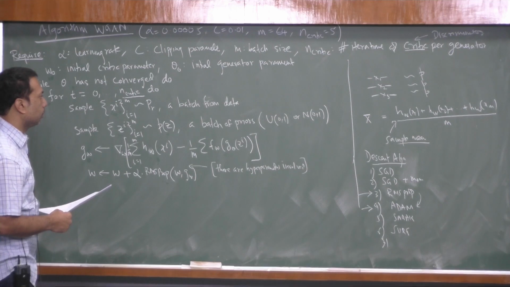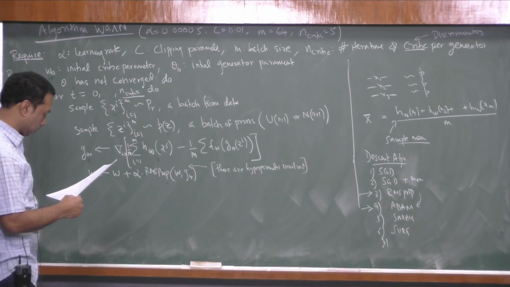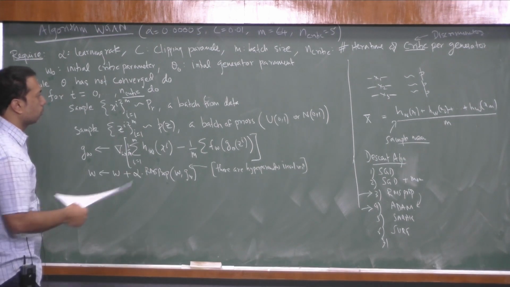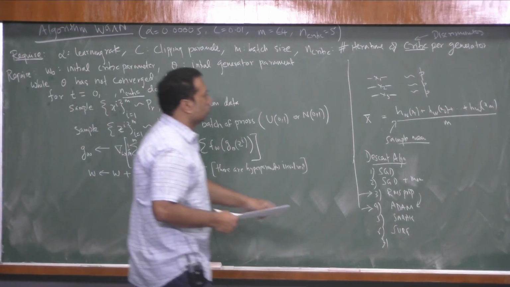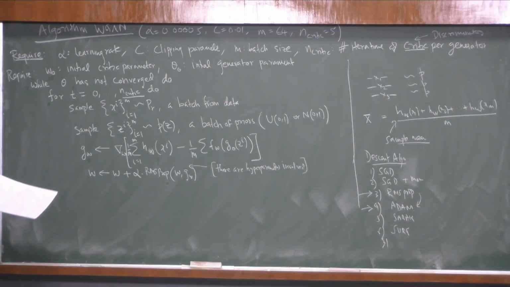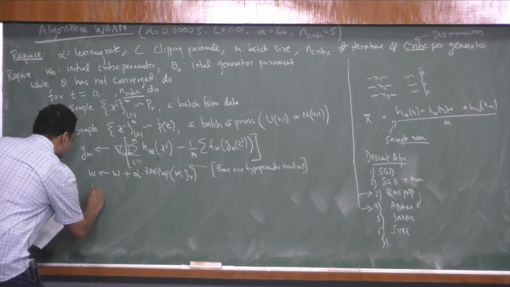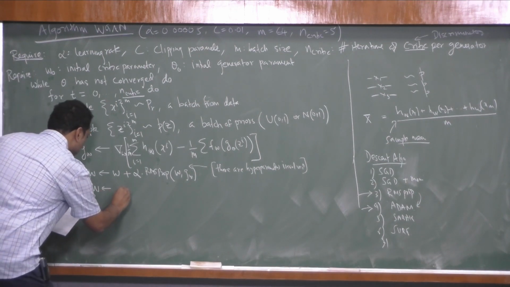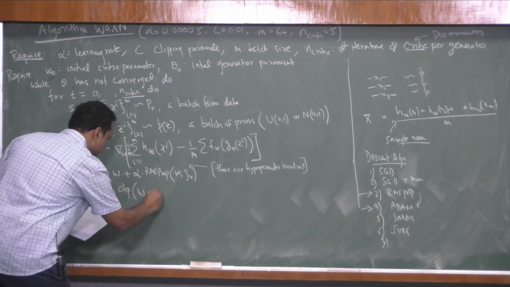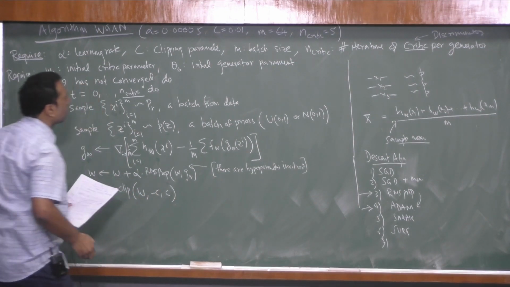Although I am wondering, if we clip W within a range, it should kind of propagate to this being satisfied, which we may have to prove additionally, or it may have been a heuristic that seems to work for them. So the algorithm says clip W in the range of minus c to c.